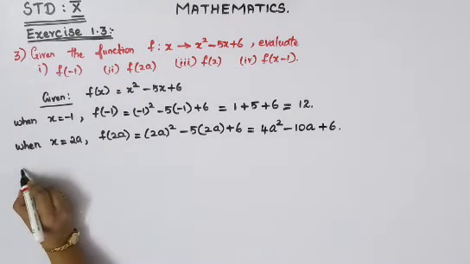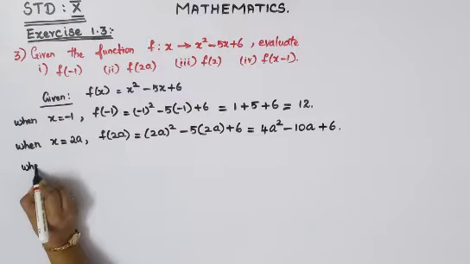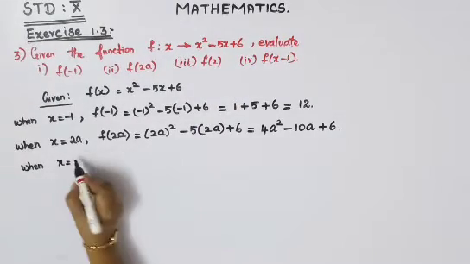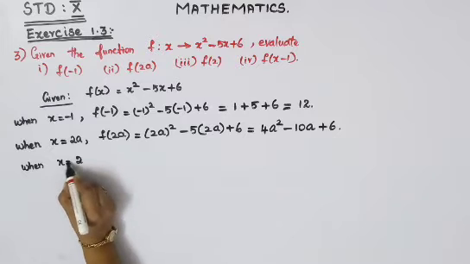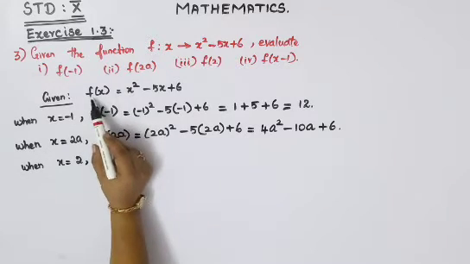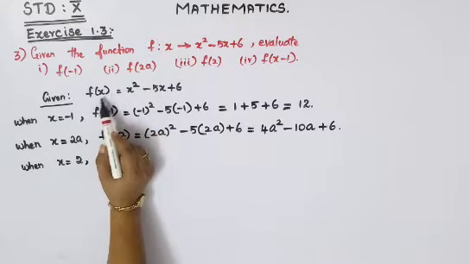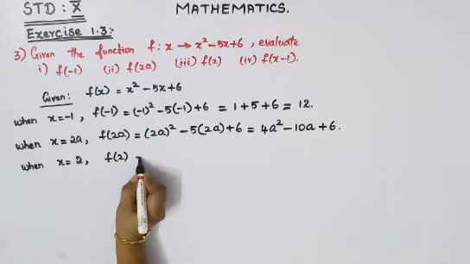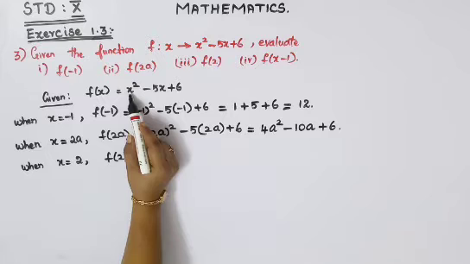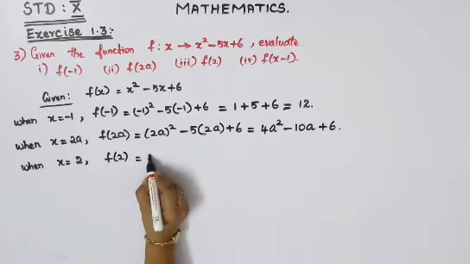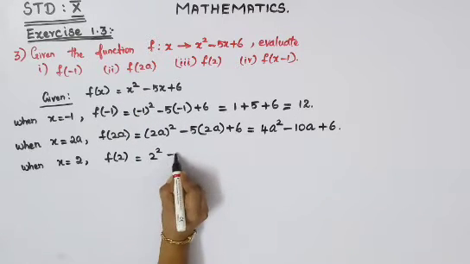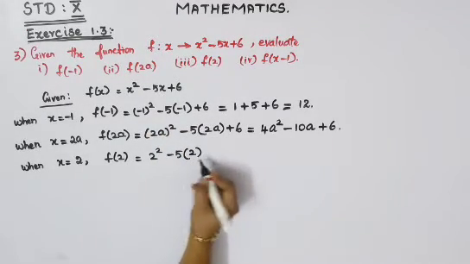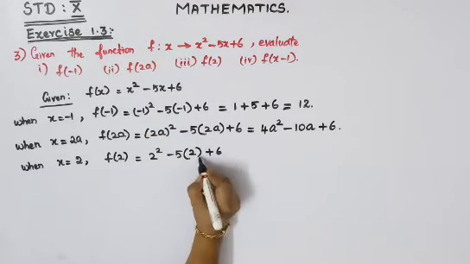Now going to your third part, when x is equal to, just see what is inside your bracket. It is 2 is there, so just write when x is equal to 2. So now in your question, wherever x is there, you will have to put 2. Okay, so f of 2 is equal to, now here towards your right hand side, 2 square minus 5 into, instead of x you will have to put 2 plus that constant 6 will be there as it is.